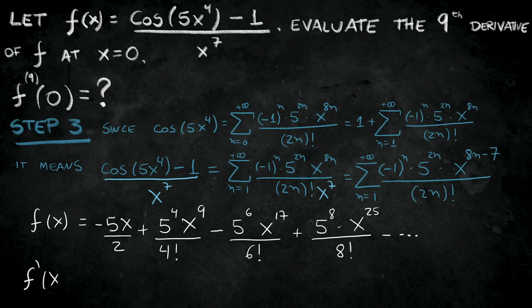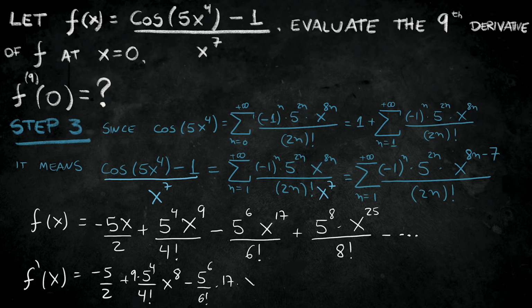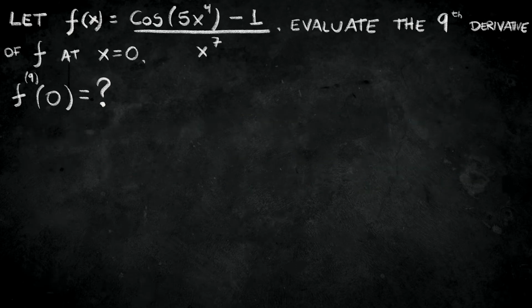Now, look at when you plug in 0 at your function and at your derivative. At your function, f of 0 is 0. At your derivative, f prime of 0 is minus 5 over 2. So do I actually need to compute 90 times the derivative of this?